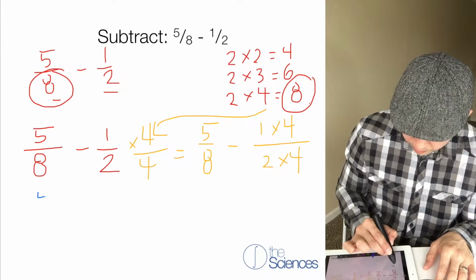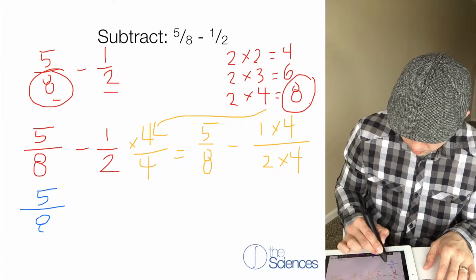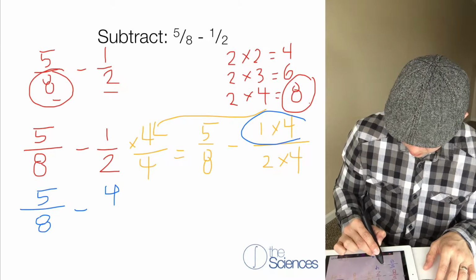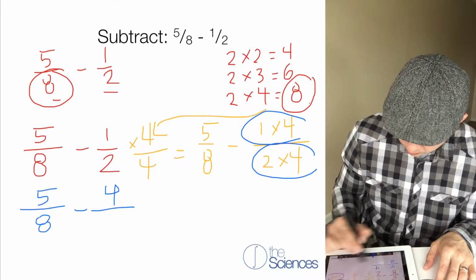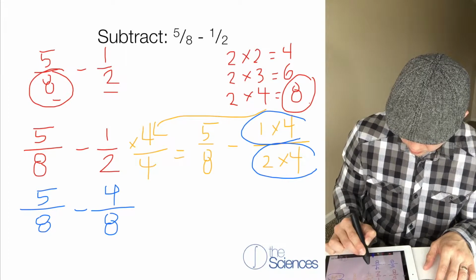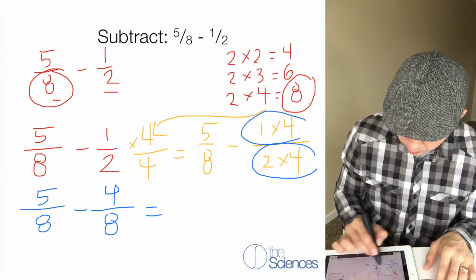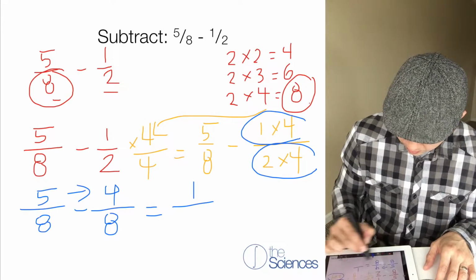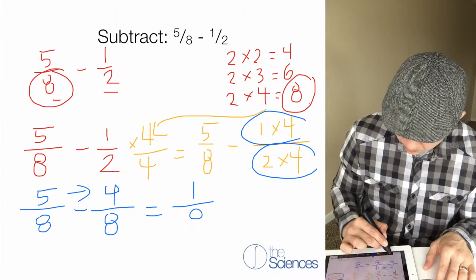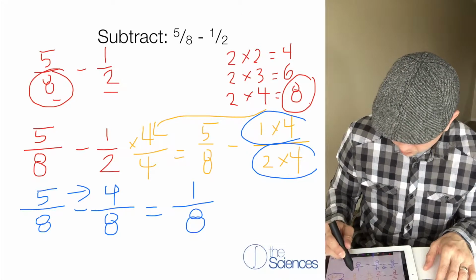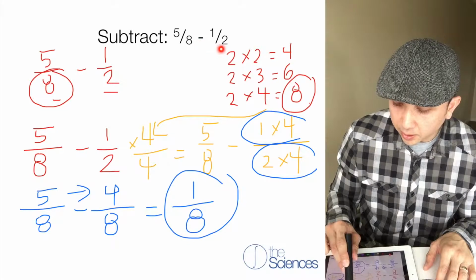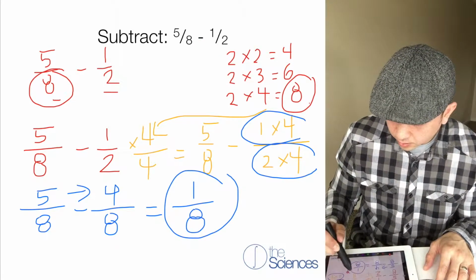So we can rewrite that as 5/8 minus 1 times 4 is 4 over 2 times 4 is 8. So now all we have to do is subtract across. 5 minus 4 is 1 over 8. So that's our answer, 1/8. Subtracting 5/8 minus 1/2 gives us 1/8.